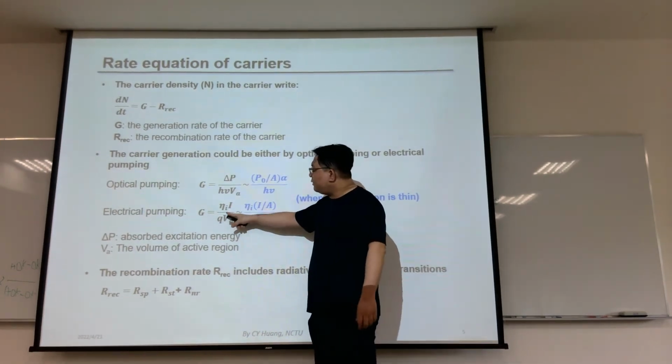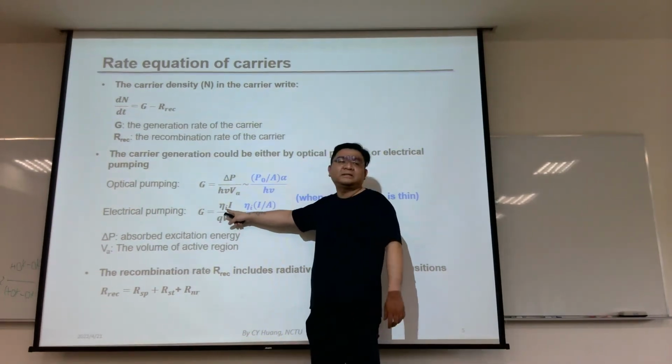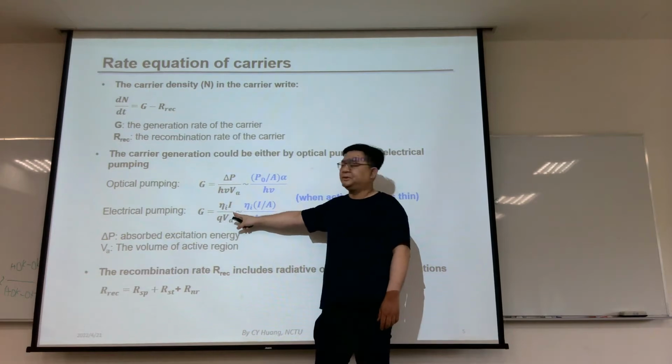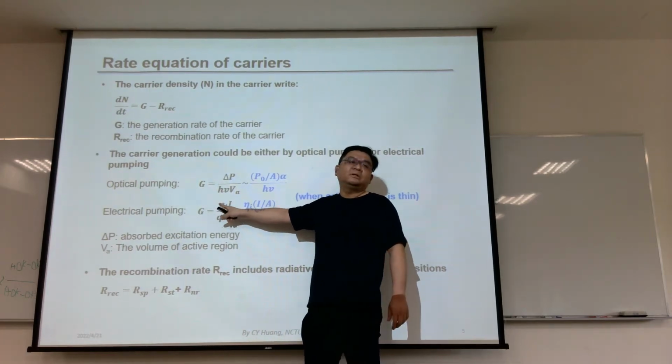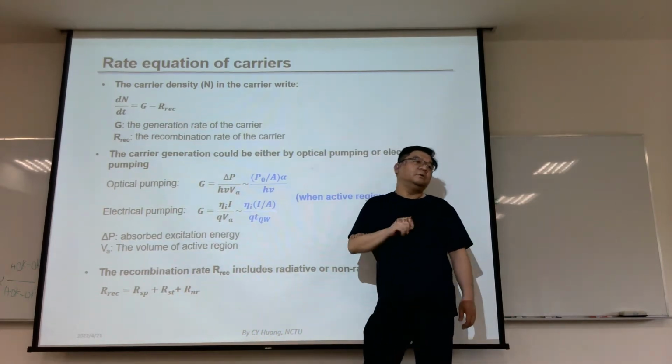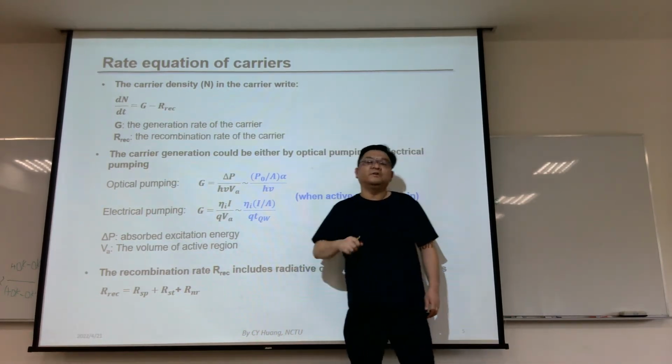But only zeta I, the sum of them, really enters the active region. So you need 2 times zeta I, then again divided by its volume. So that will be the generation of the electrical pumping.